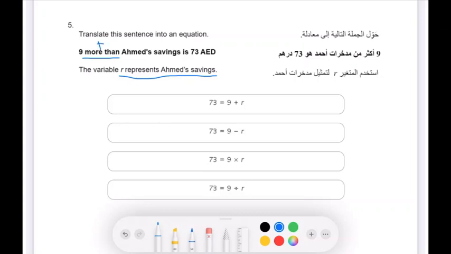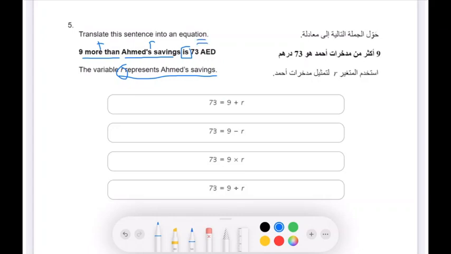9 more than Ahmed's savings, which they say is the variable R, so it would be represented as R, is 73 dirhams. You should know when they say is, this is equivalent to the equal sign.